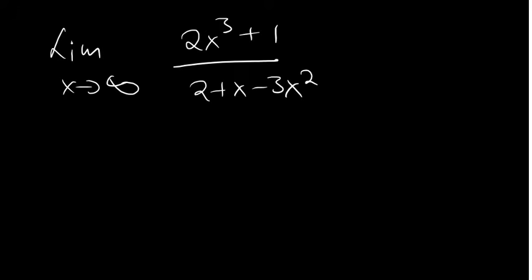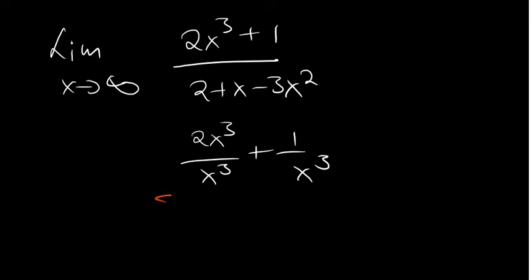So whenever you're dividing two different functions and you're trying to determine the limit as x approaches infinity, just divide by the highest power on each part, both the numerator and the denominator. So for the numerator, we divide by x to the power 3, which is the highest power for that part. So we have 2x to the power 3 divided by x to the power 3 plus 1 over x to the power 3 as well.